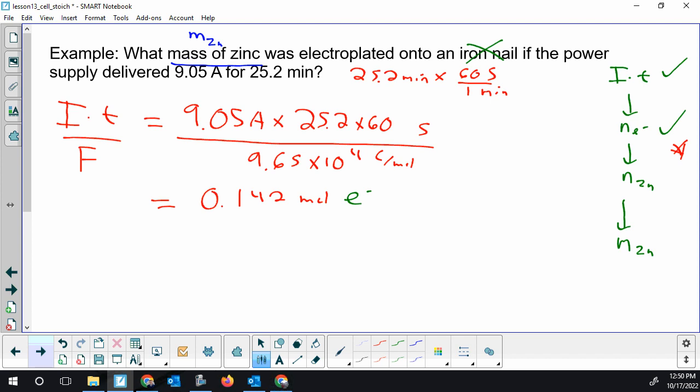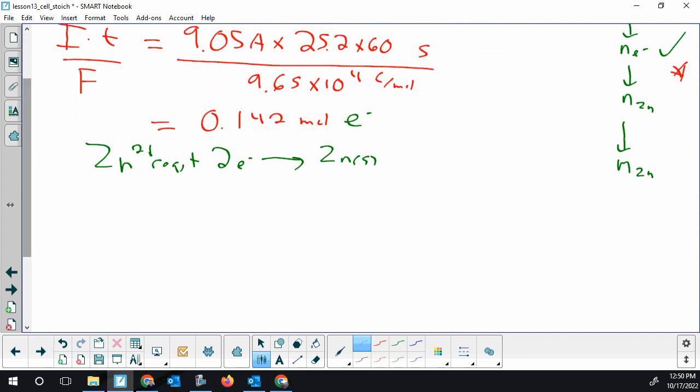Zn2+ plus 2 electrons will make that elemental zinc that got plated. We're always going to need the stoichiometric coefficients. The electrons is one, and what we're making is the other, the elemental zinc. So every 2 electrons makes 1 mole of elemental zinc.